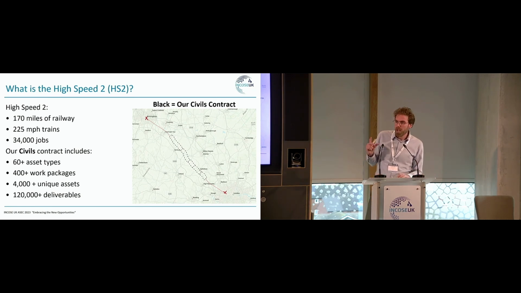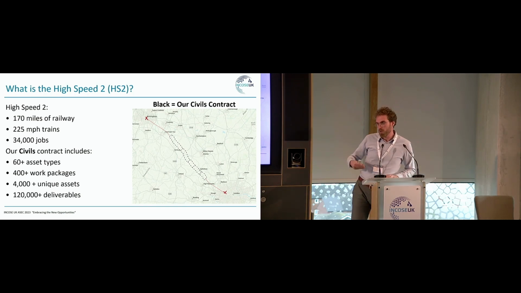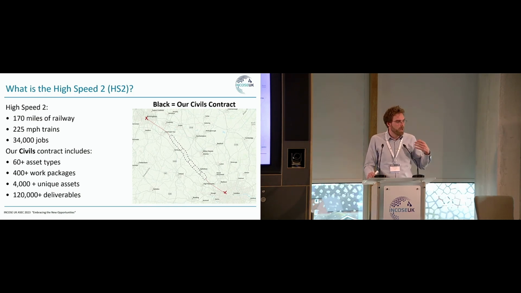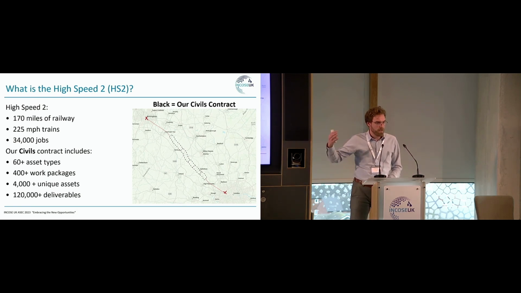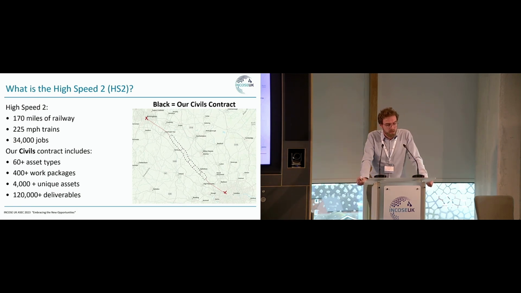But we have 4,000 assets, so instances of those object types. So we have, from the top of my mind, 17 viaducts, for example, in this piece of contract, as part of those 4,000 unique assets. You can go on with earthworks, highways, another type of bridges, balancing ponds, drainage, and so on.